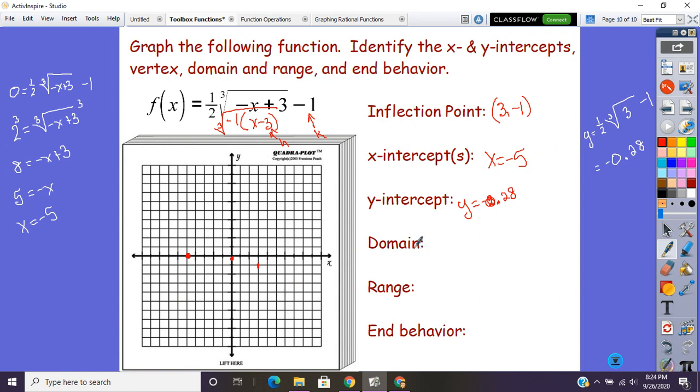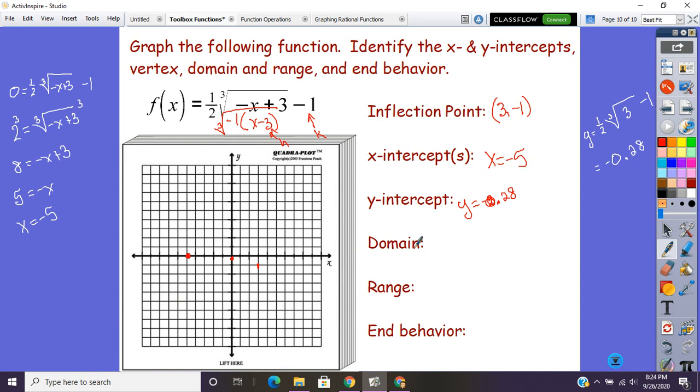And then we're going to plug in some points and actually see what some of the other points we could graph are. And this is where it can get a little bit more difficult with roots because our numbers don't always come out that nice. You may have to graph some estimated numbers here, but let's see what we come up with.